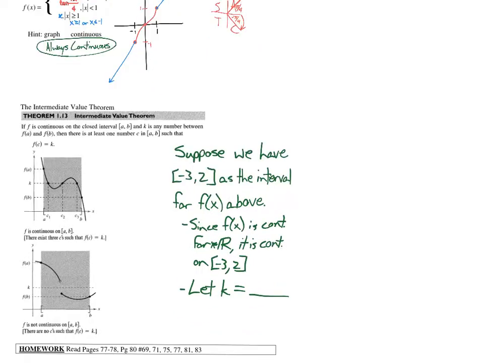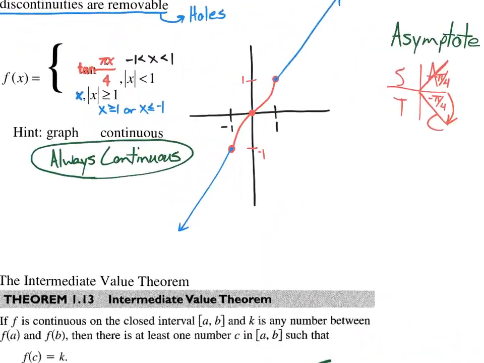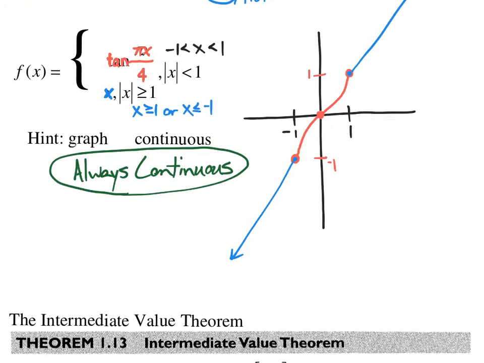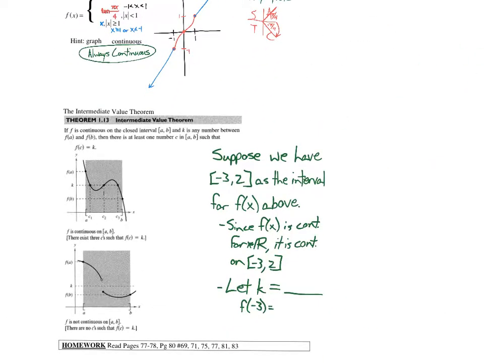So, before we decide on a value for k, what is f of -3? If it's -3, absolute value of -3 is greater than 1, so we're using this equals x. So you're right, it would just be -3. F of -3 is -3.